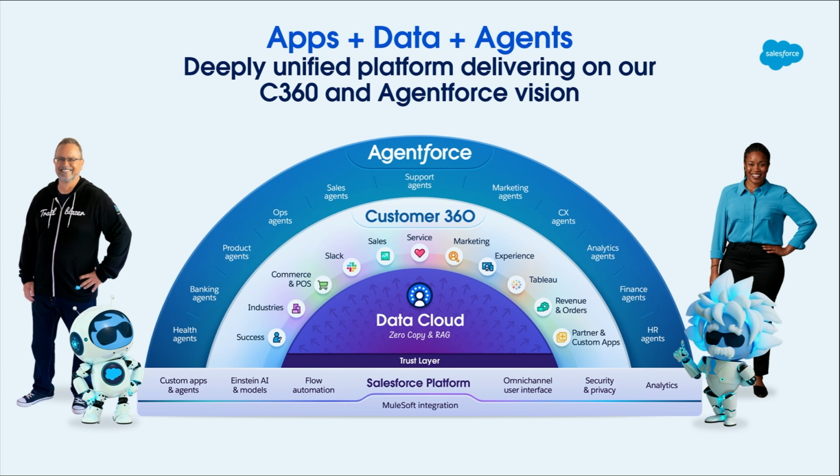So when we're talking about zero copying data in from Databricks, and you're bringing over, say, a specific table on product telemetry or something like that, that can then get moved into the experience layer, what we call our Customer 360. So you can see the different areas here, such as Slack, your sales, service. Any of these areas, you can start to bring that Data Cloud data in.